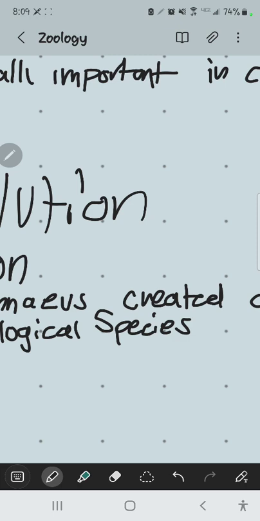What I want to point out is this is a definition for species, but it's not really scientific or testable. It's very subjective. It's based on the judgment call of the scientist to determine whether individual groups were similar or different enough to be considered the same or different species.